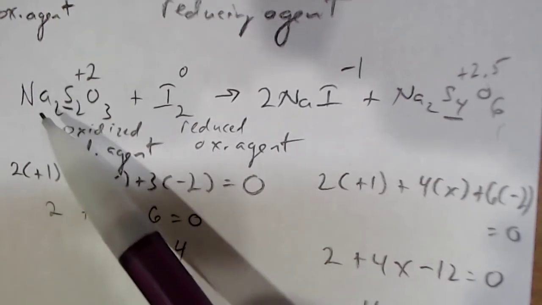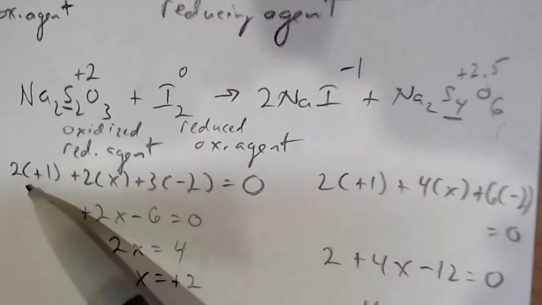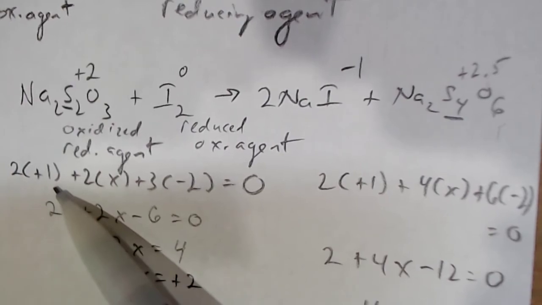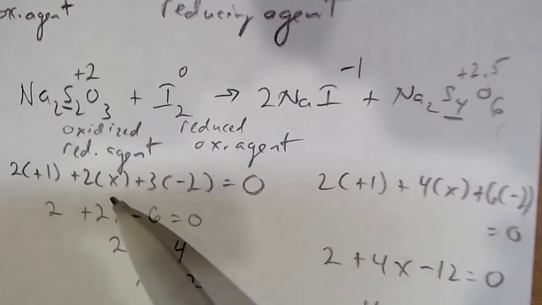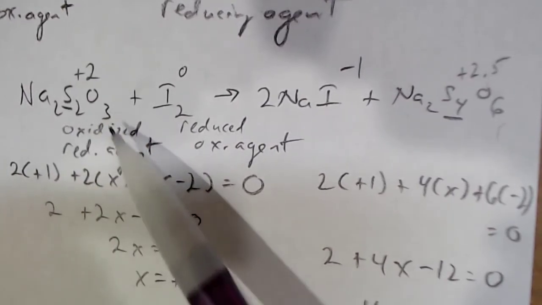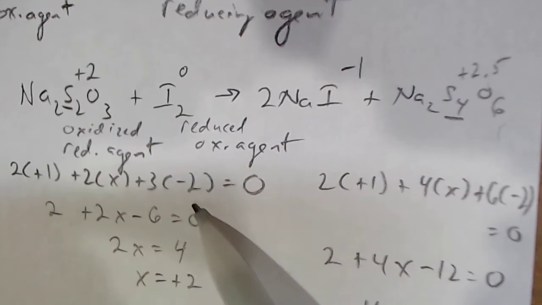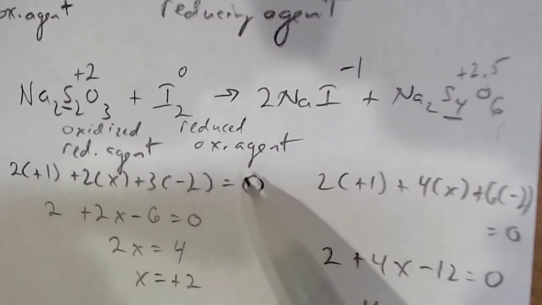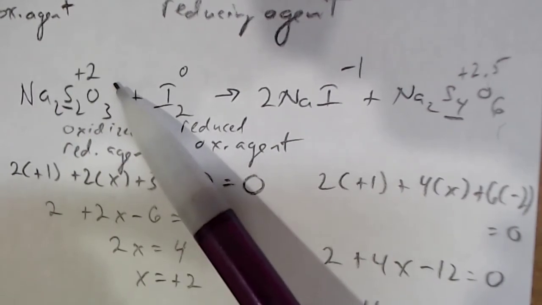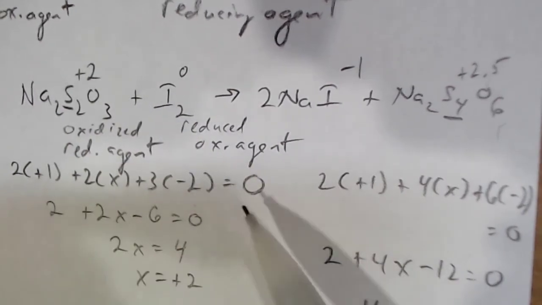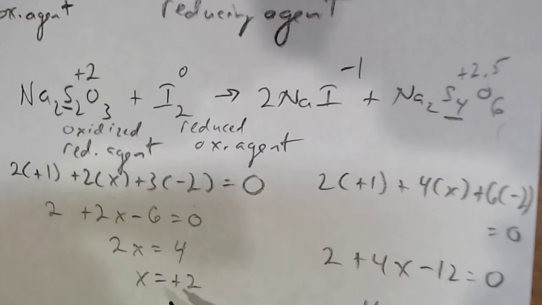So at first, it was next to 2 sodiums, each was +1, and there were 2 sulfurs of unknown oxidation number, and there were 3 oxygens of -2 oxidation number, and that all added up to 0. There was no charge shown for this overall compound. So you solve for X, and it's +2.